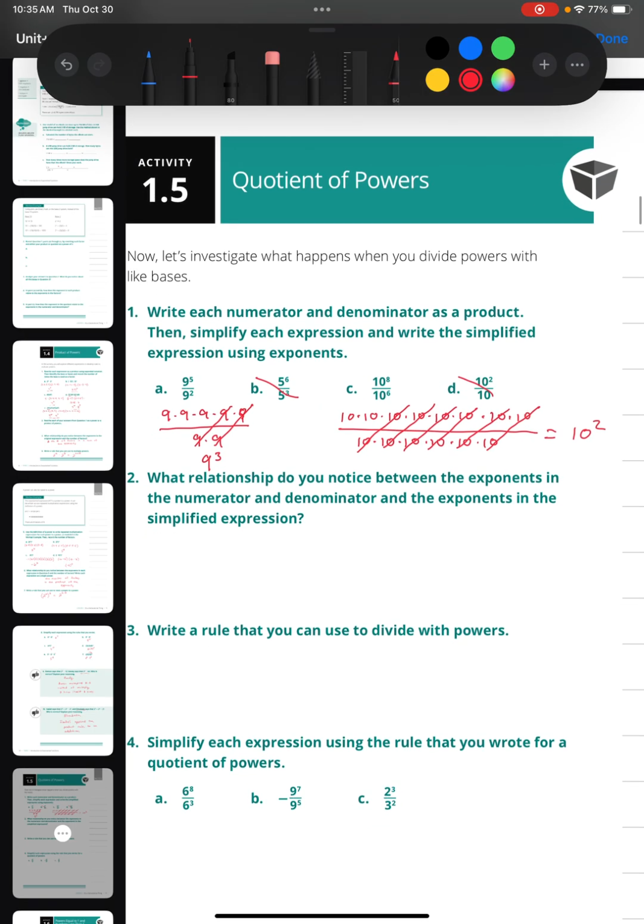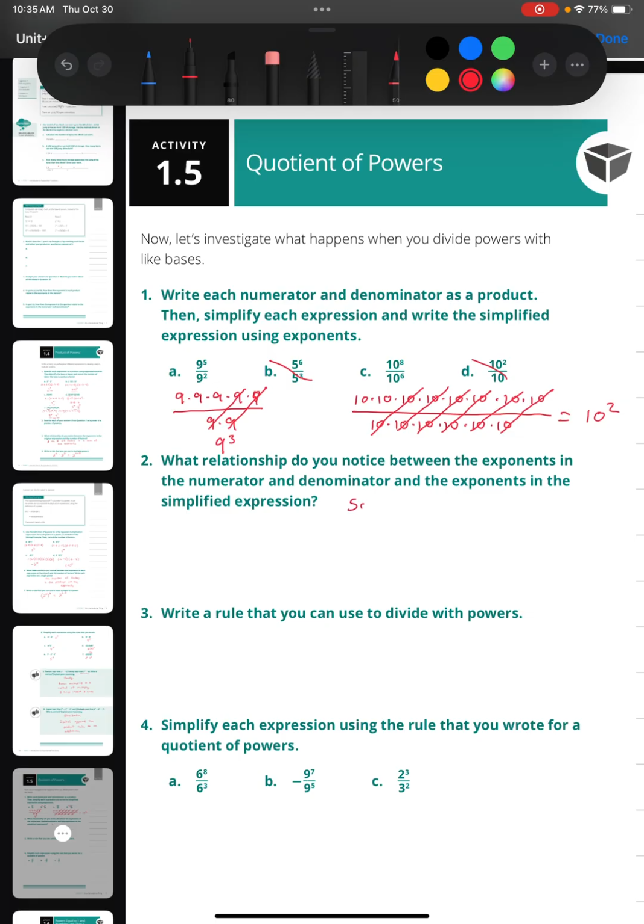So the relationship we want to notice there: if we look at C, 10 to the 8th over 10 to the 6th, and we ended up at 10 to the second power. So how can we get from 8 and 6 to 2? We'd subtract those exponents. We subtract the exponent in the denominator from the exponent in the numerator.